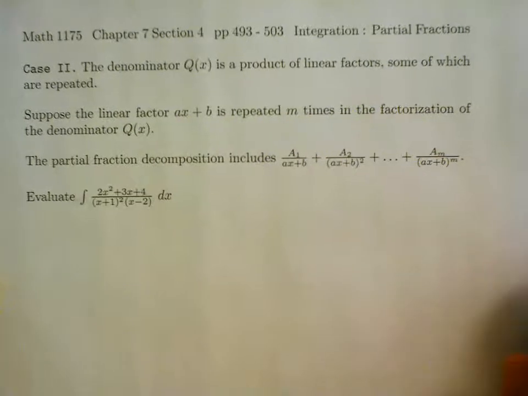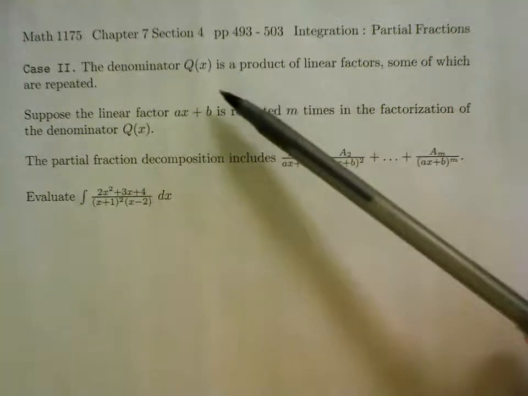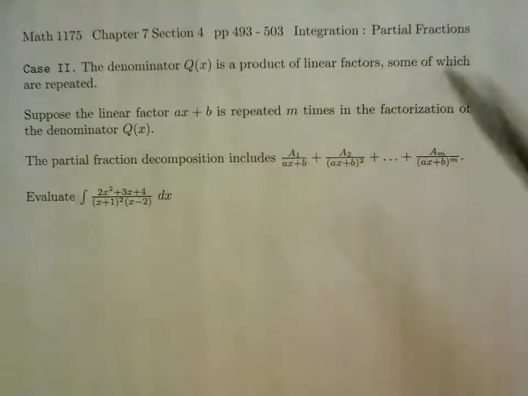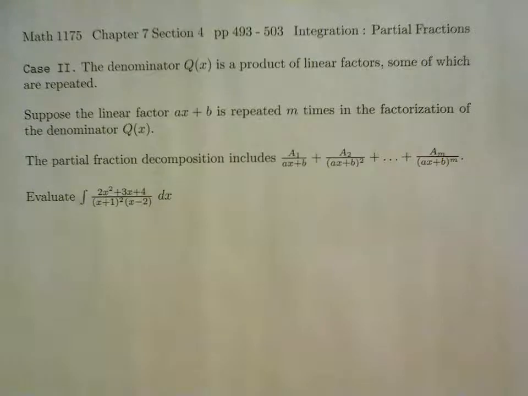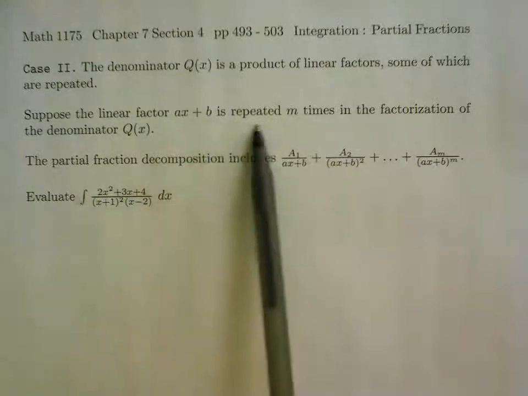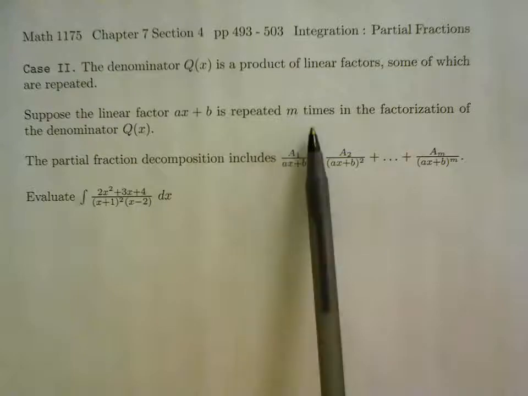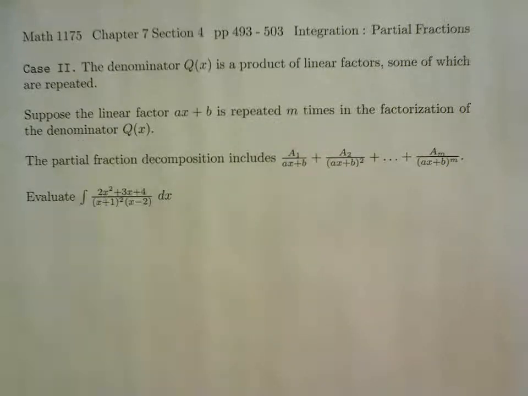So in case 2, the denominator q of x is a product of linear factors, some of which are repeated. Okay, so suppose the linear factor ax plus b is repeated m times in the factorization of the denominator q of x.